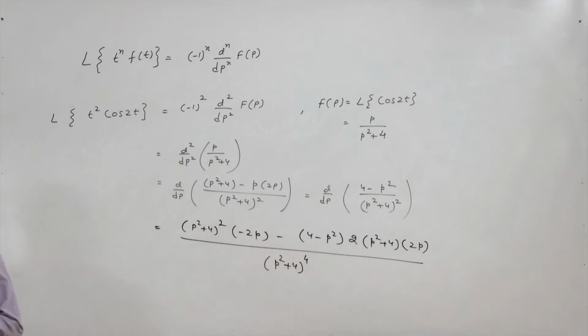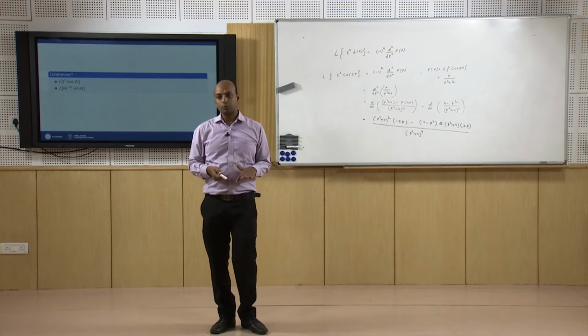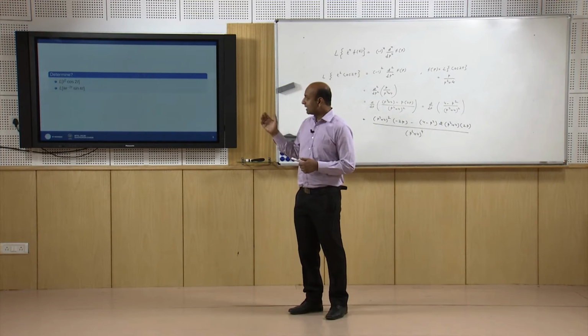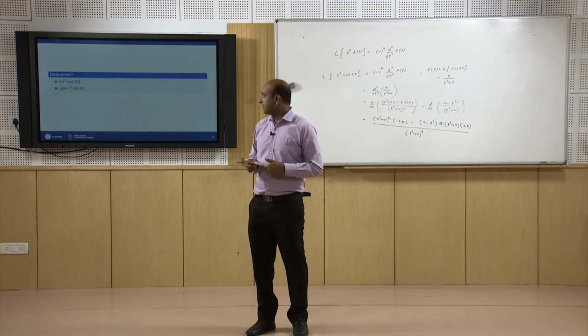So, we will simplify this and we will get the final answer for the Laplace transform of t square cos 2 t.